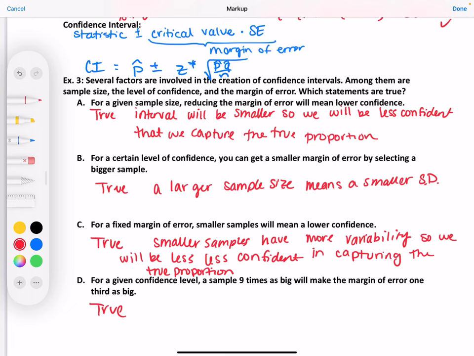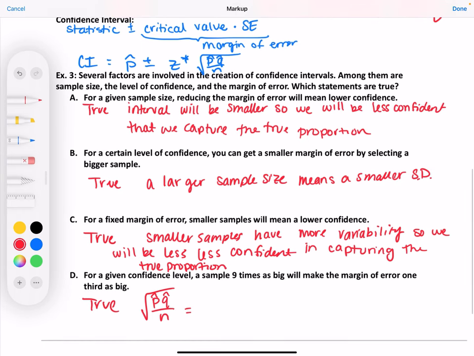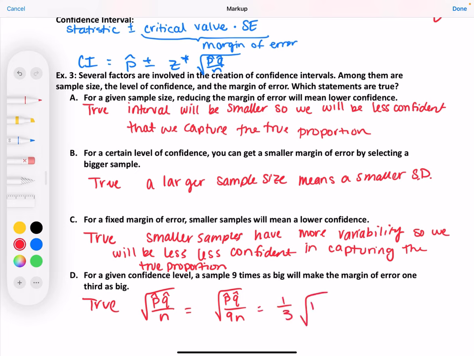The square root of p hat q hat over n says if we make the sample 9 times as big, we multiply n by 9. So the square root of p hat q hat over 9n. Since 9 is a perfect square, I can take it out of the square root, so it can be 1/3 times the square root of p hat q hat over n. So yes, it is true.